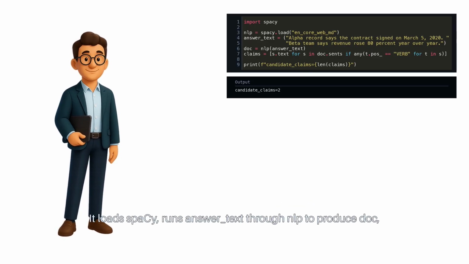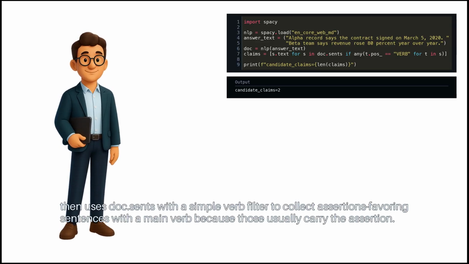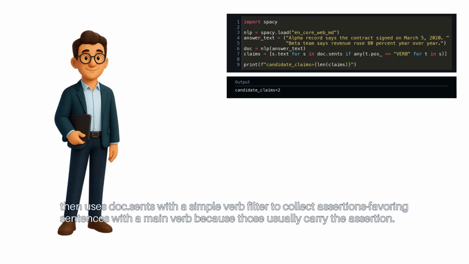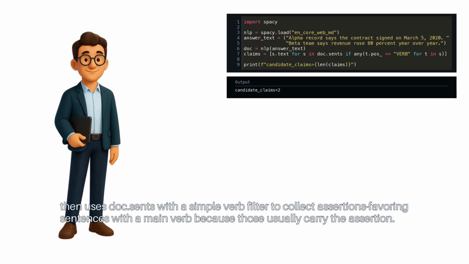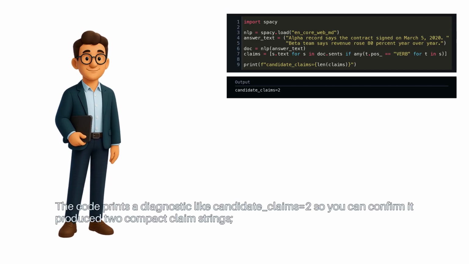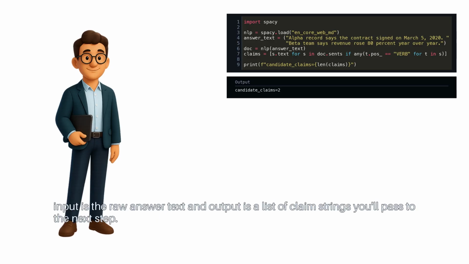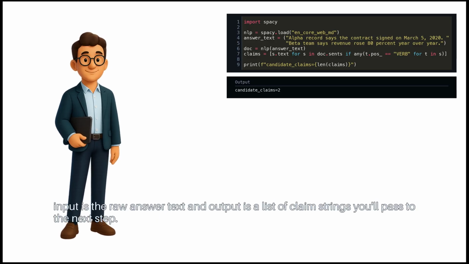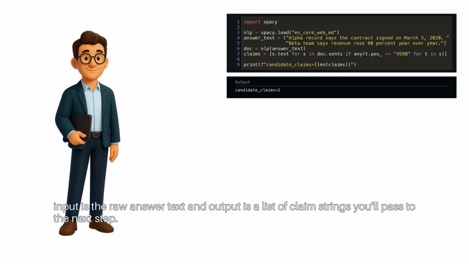It loads spaCy, runs the answer text through NLP to produce doc, then uses doc.sents with a simple verb filter to collect assertions, favoring sentences with a main verb because those usually carry the assertion. The code prints a diagnostic like candidate claims equals 2, so you can confirm it produced 2 compact claim strings. Input is the raw answer text, and output is a list of claim strings you'll pass to the next step.